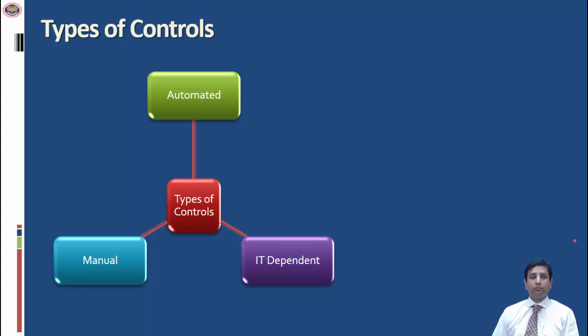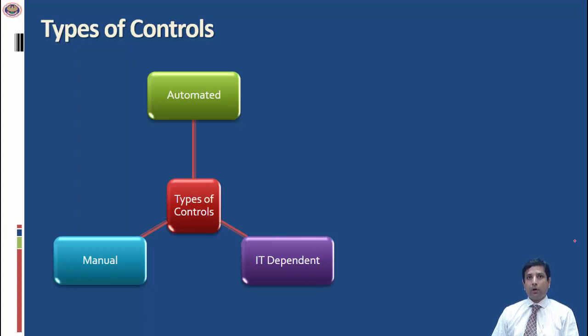Let us understand why. Automated controls means the controls which are embedded into the IT applications or the ERP systems of the company. These could include edit checks, reasonableness checks, date range checks, sequence number checks, mandatory fields, user access controls, and password controls. IT dependent controls are basically manual controls, but which are dependent on certain data or input that is received from the system or an ERP.